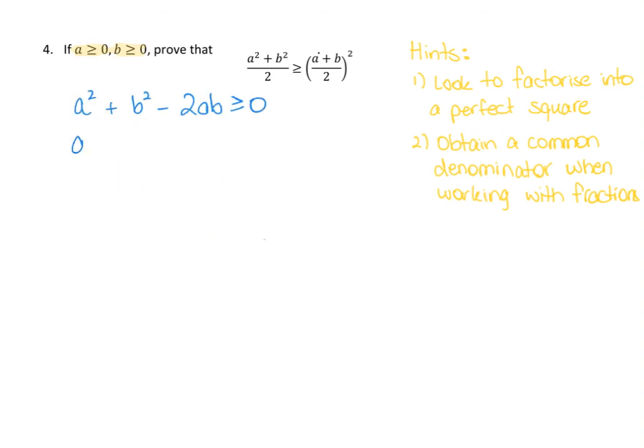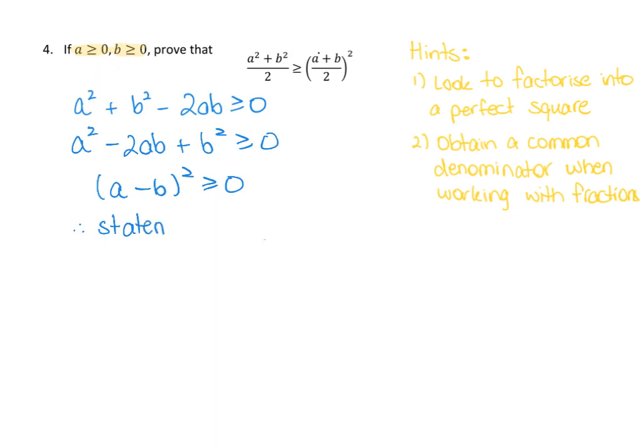And if we rearrange that a little, we can see that we now have an expression that will factorise into the perfect square that we're after, giving us a square value that is definitely greater than or equal to 0. And so we've proven that the statement holds true.